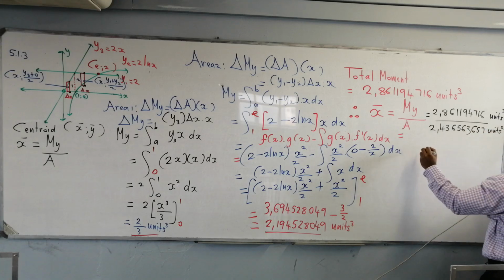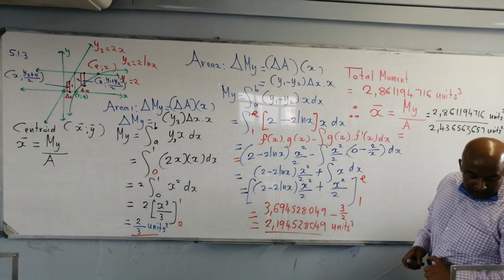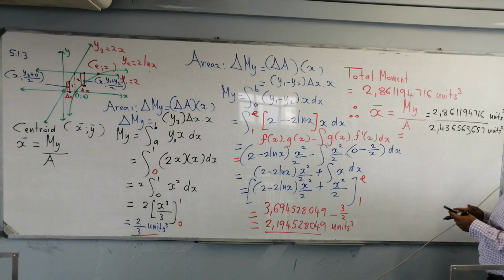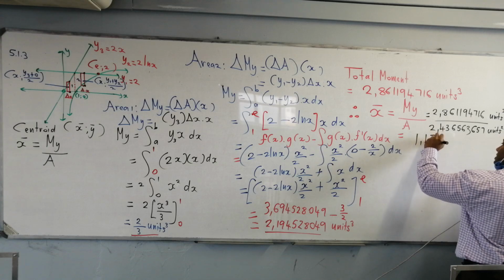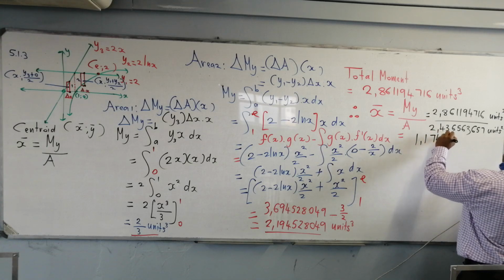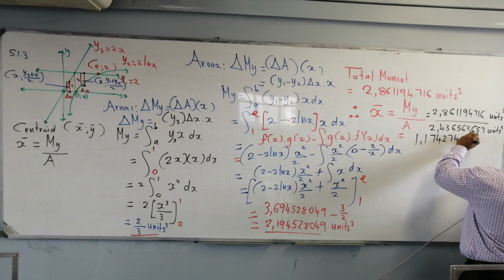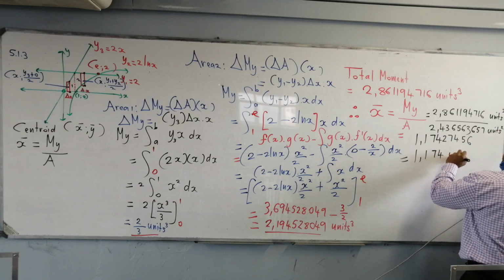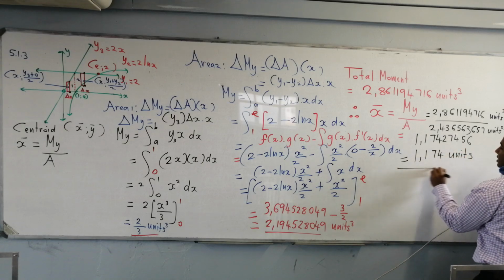This is units squared. And let's see what we get now. So we take that, we're going to divide it by 2.436563657, and we get 1.174274..., which is equal to 1.174 units.